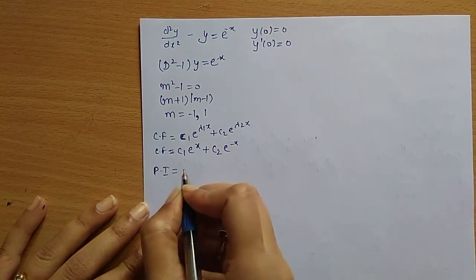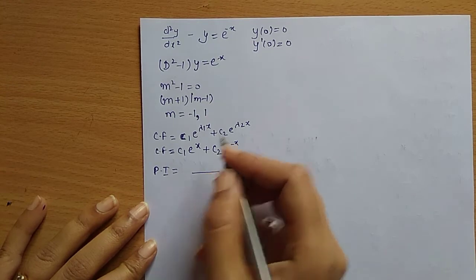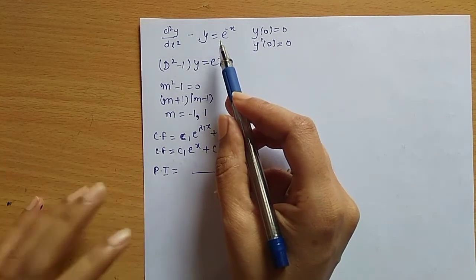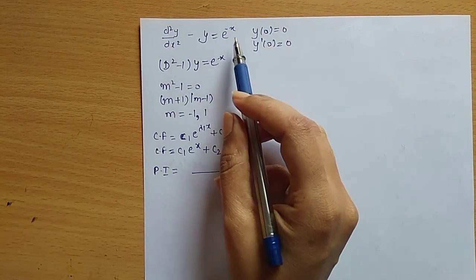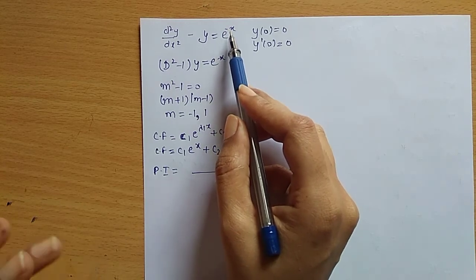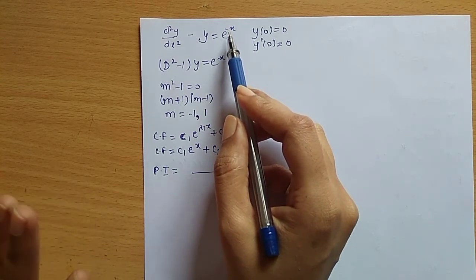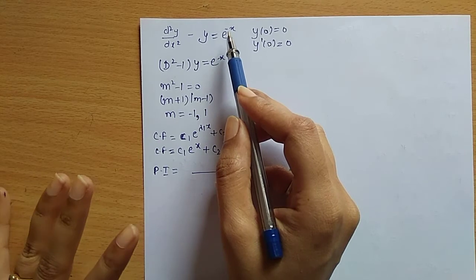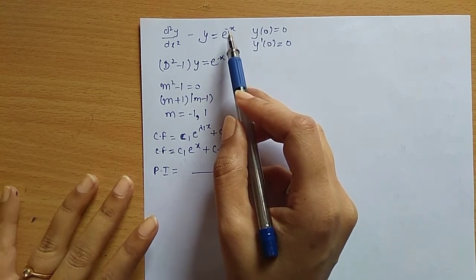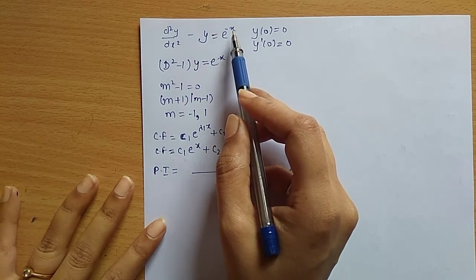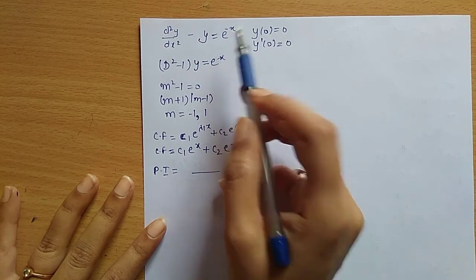Now we are going to find PI. If the differential equation is homogeneous, means on the right hand side there is 0, then there is no need to find PI. But here e to the power minus x is given, so we are going to find PI.